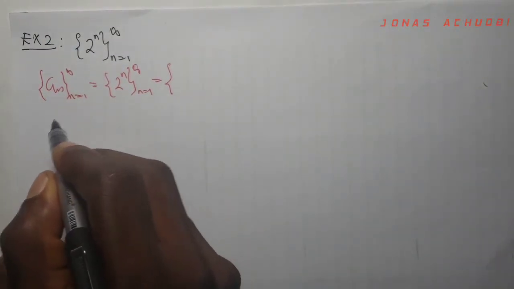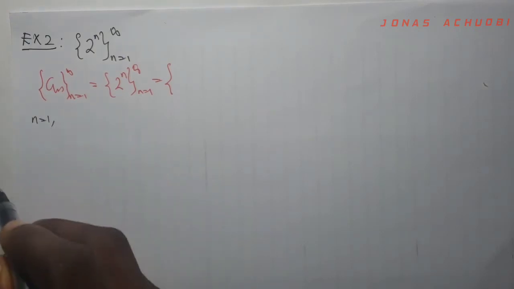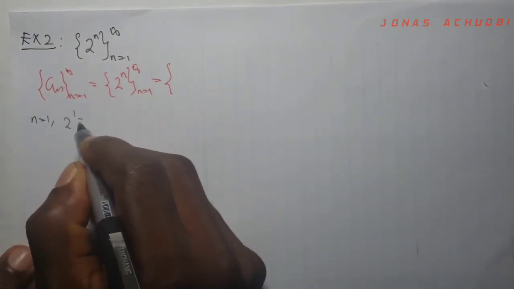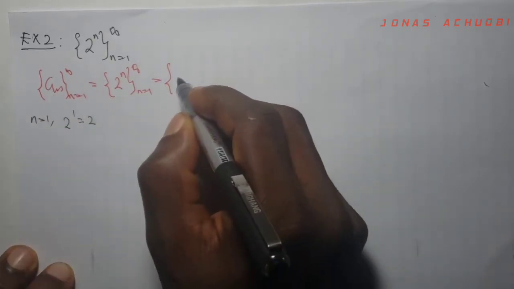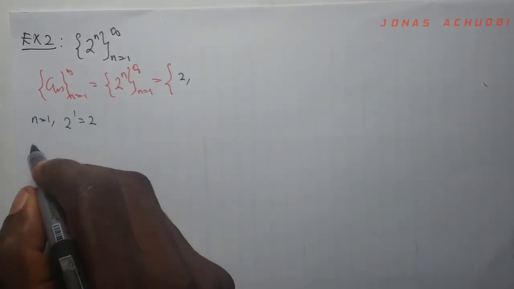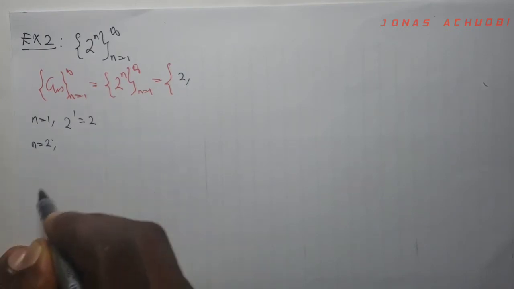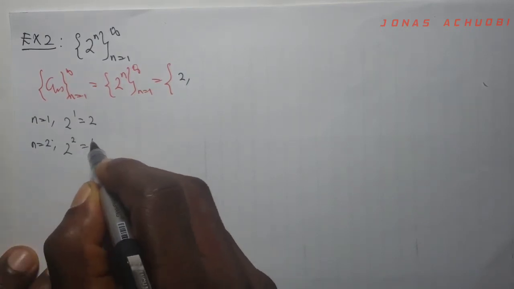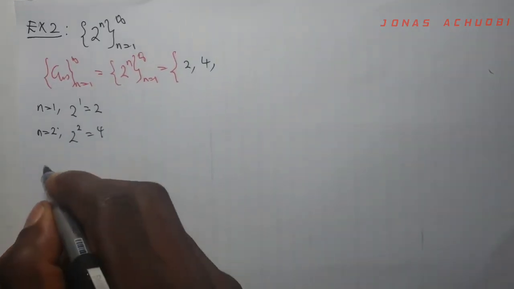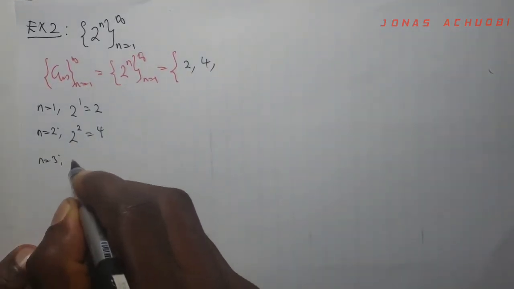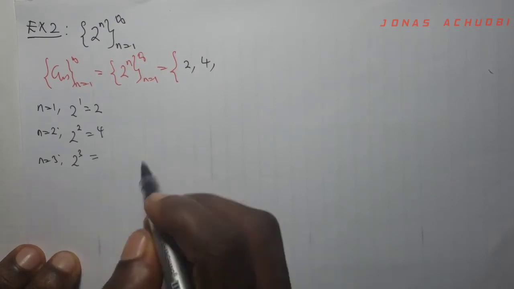So the first term is when n is equal to 1, and that is 2 raised to the power 1, which is 2. So the first term of my sequence, A1, is 2. Second term is when n is equal to 2, so that is 2 squared equal to 4. Second term of my sequence is the number 4. The third term is when n is equal to 3, so 2 raised to the power 3 is 8.